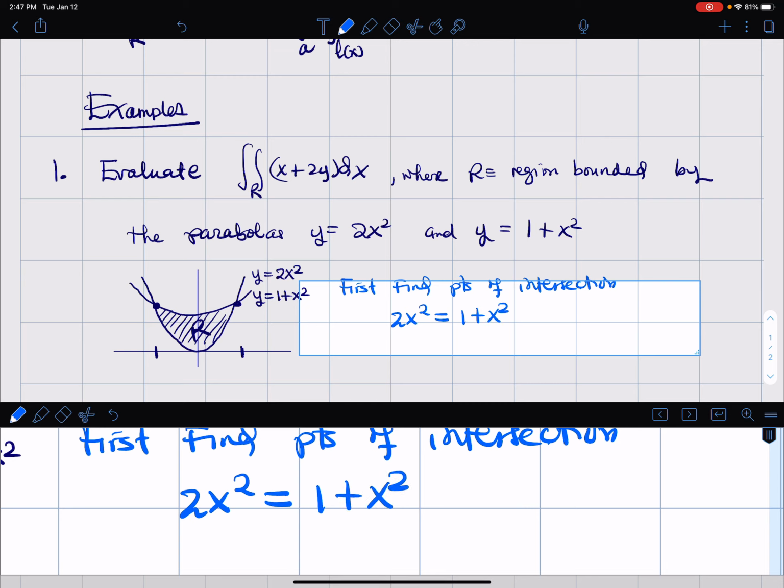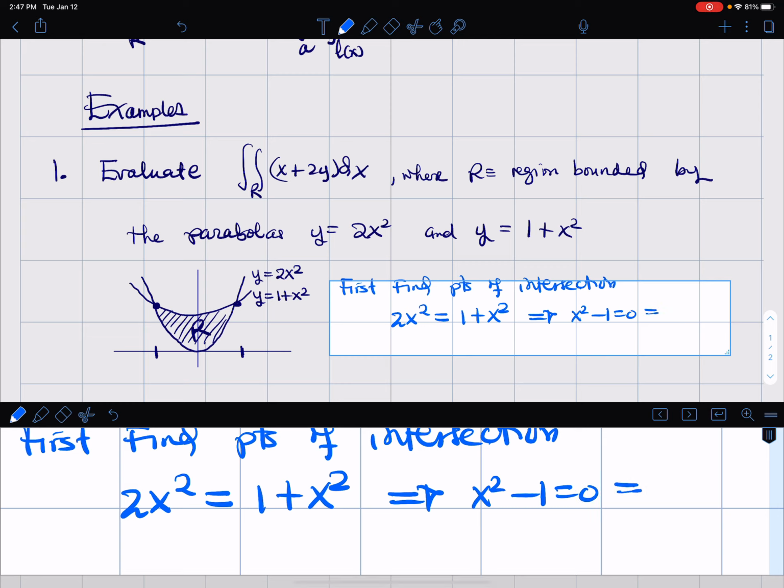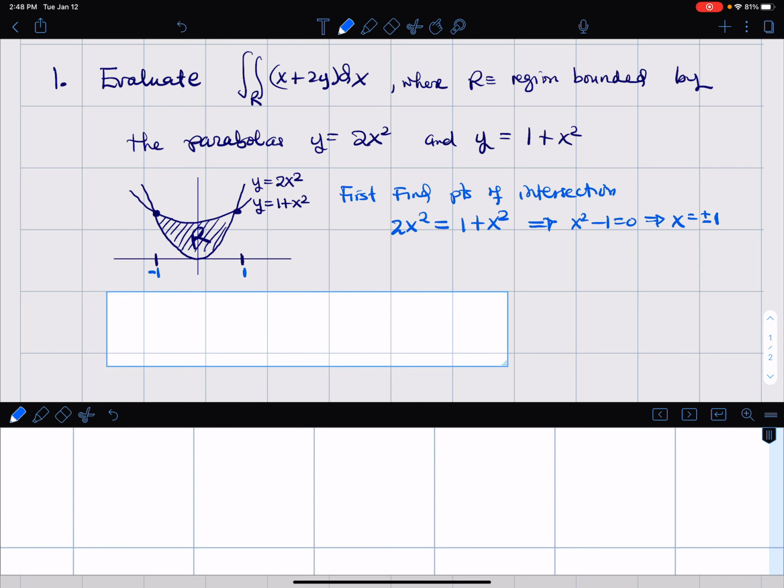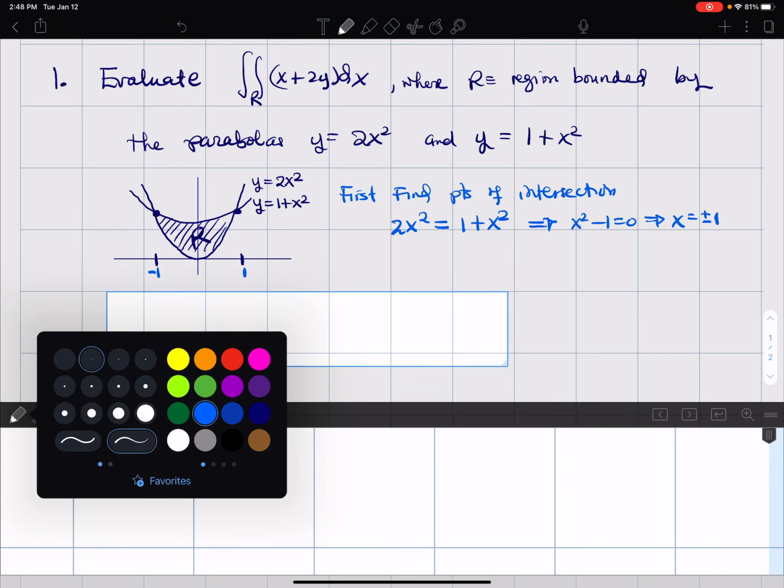When you solve this, this becomes x squared minus 1 equals 0. So that tells us that x is equal to plus or minus 1. So this is minus 1. This is 1. Now we are ready to set up our integral.